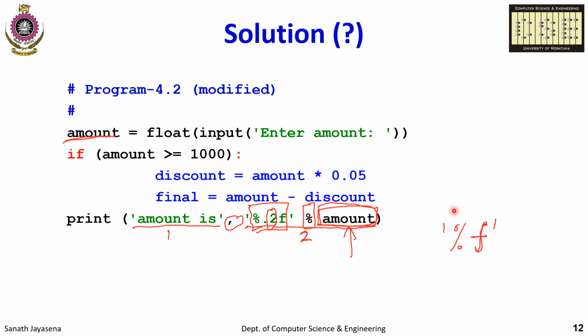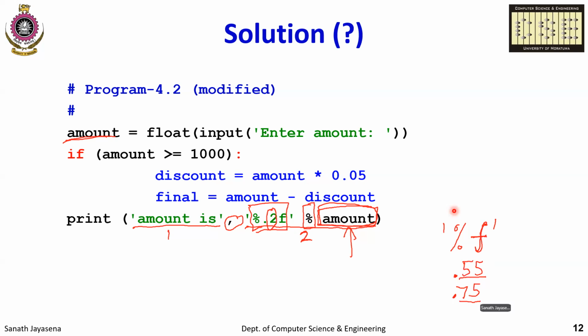What we want is 2 decimal points. If it is 55 cents, maybe 0.55, or if it is 75 cents, it's 0.75, right? So we want to display the amount with 2 decimal places, right?